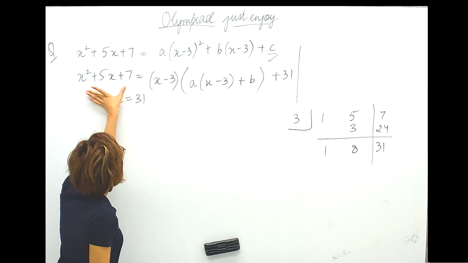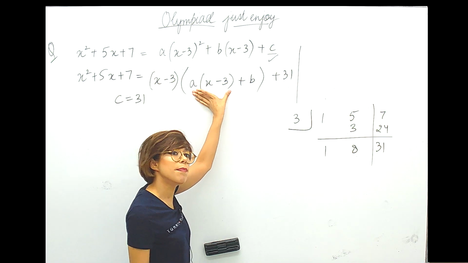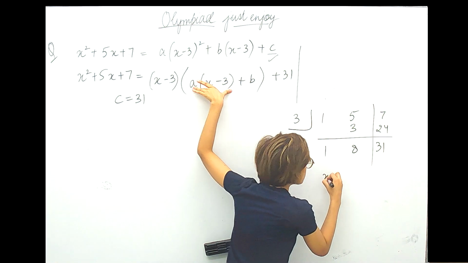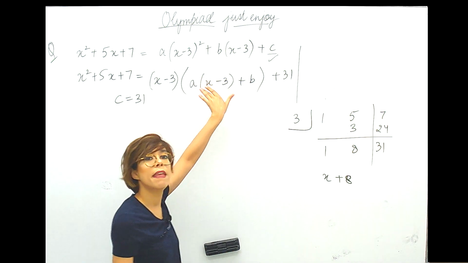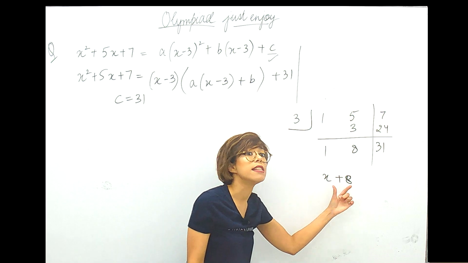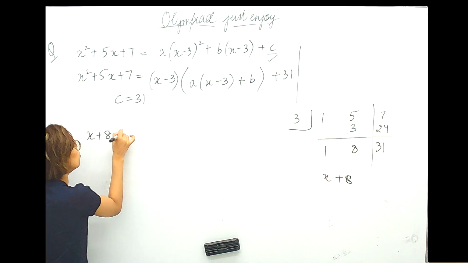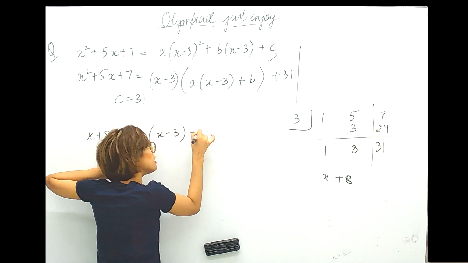If I divide this polynomial by x minus 3, my quotient is this. And the quotient has also come from here. Quotient here is x plus 8. Right? So that means this and this are the same. x plus 8 is equal to a into x minus 3 plus b.